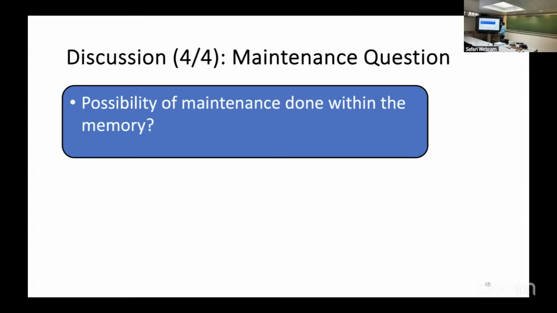So my last question is going to be a maintenance question. I thought this would be quite an interesting question because the last, I think it was 2 papers or presentations, had a maintenance type idea for the entire memory and such. So what do you think is a possible maintenance that can be done within the memory now that we have pretty high compute processing units within memory itself?